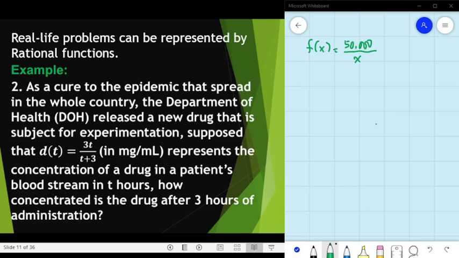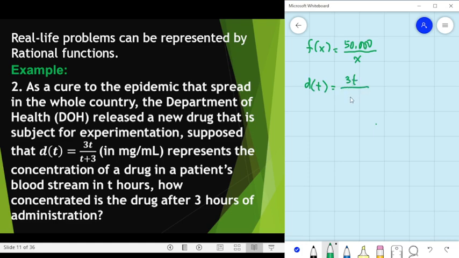So we are given the rational function d of t is equal to 3t over t plus 3, expressed in milligrams per milliliter.